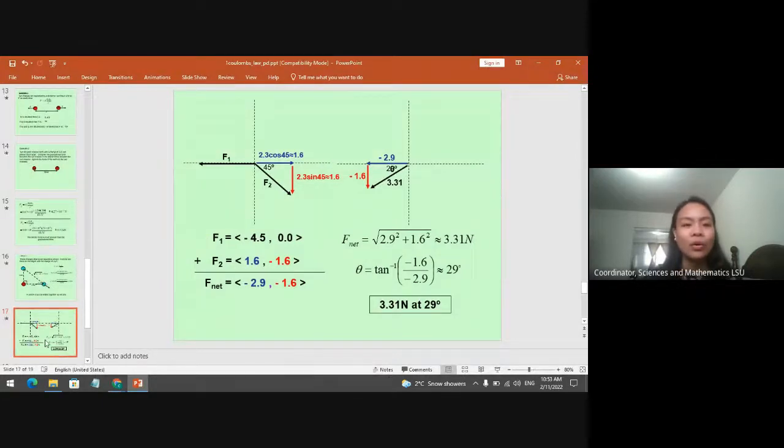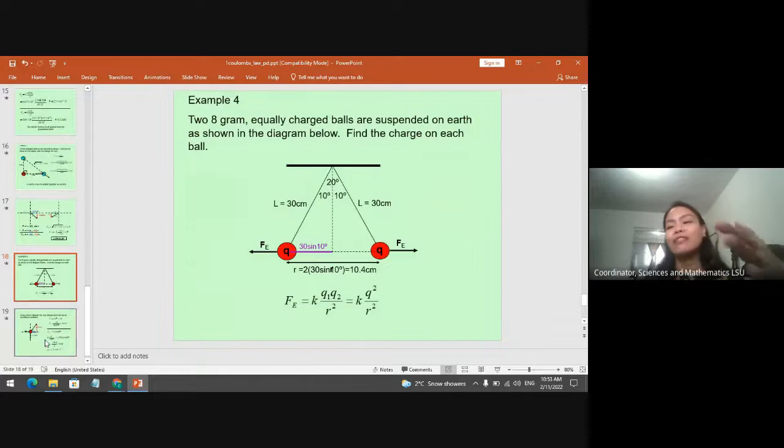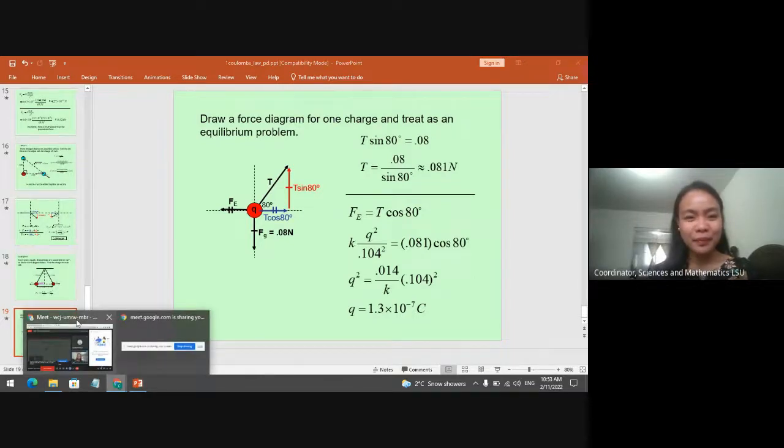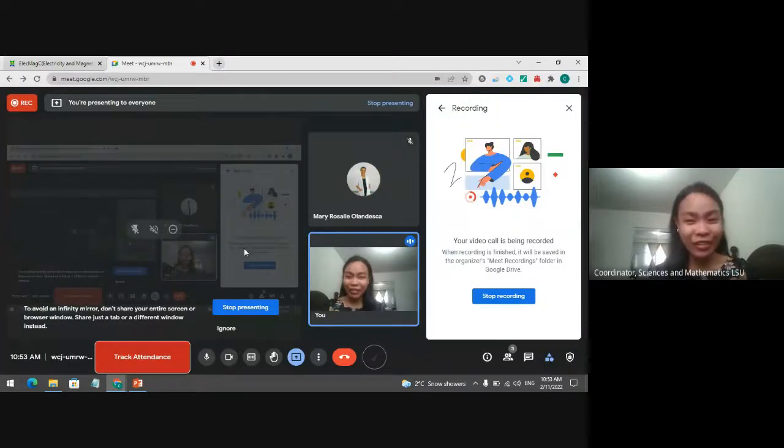So the solution is also here for you guys. I have another example for you to practice, and you also have examples in your modules for you to practice. So that's just it for this morning, or for today, or evening for you, or whatever.